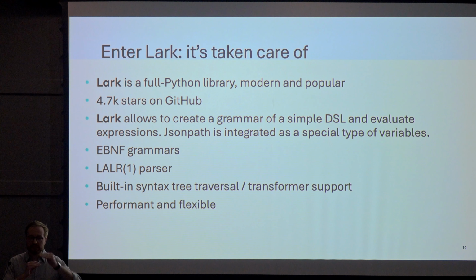You just write a grammar in a certain way, and it will create a parser for you. It also has a framework to write the execution part, to traverse the tree, and it's very easy to use. It's perfect. And it's fairly quick, as much as Python can be quick, and it's very flexible.